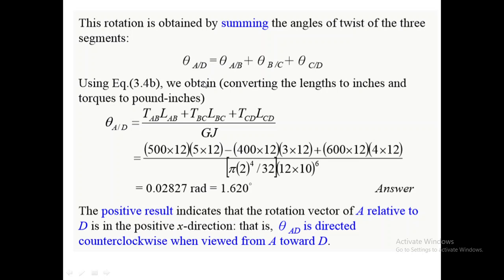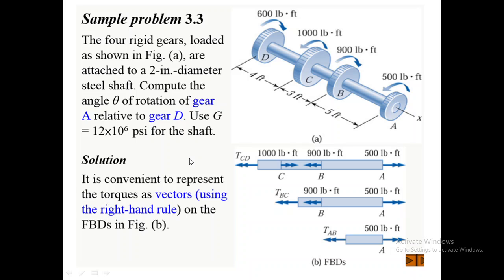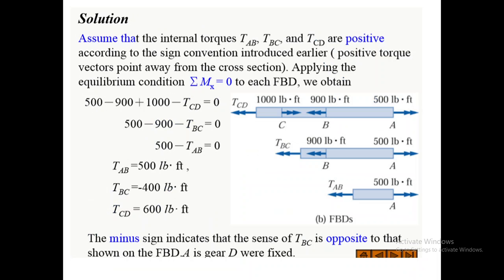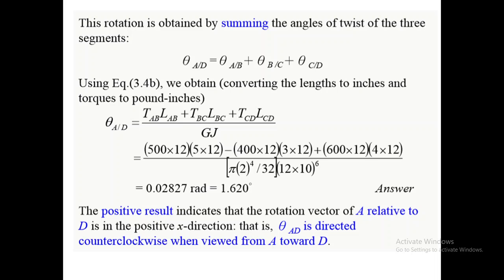Since we know the angle of twist theta, we can use the torsion equation again: T by J is equal to G theta by L. Since the value of G is given, we can calculate the angle of twist.